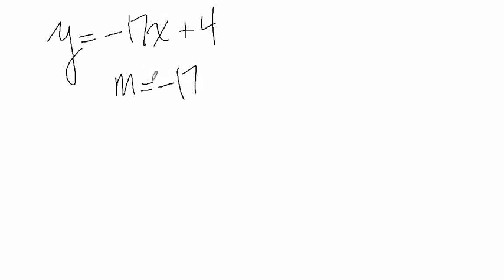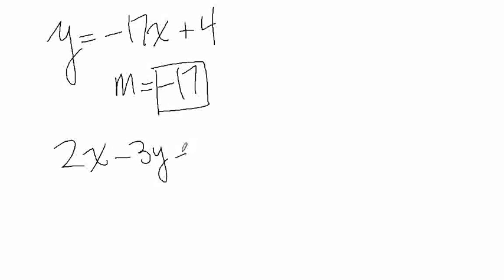So that's minus 17. Okay, done. That's it. Now, what about if I wanted to read off the slope of the linear equation 2x minus 3y equals 12.